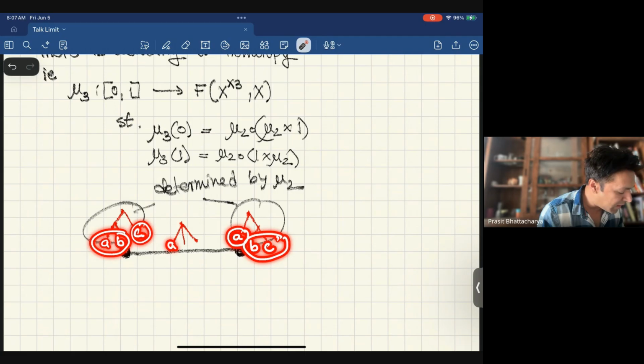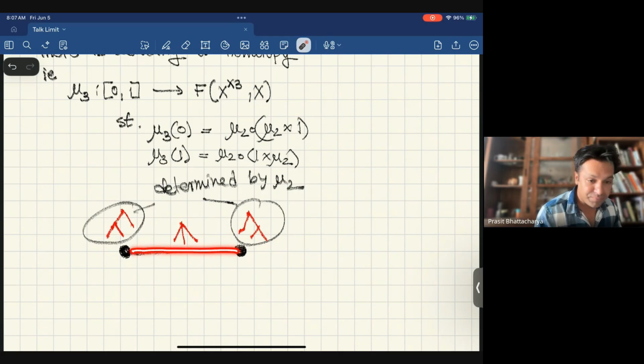But if I write down A, B, and C here, I don't see which one I'm doing first, and that is kind of encoding the one cell of your unit interval. Any questions here? The whole point of this discussion is that I'm going to think of this homotopy as a space of three-ary operations.